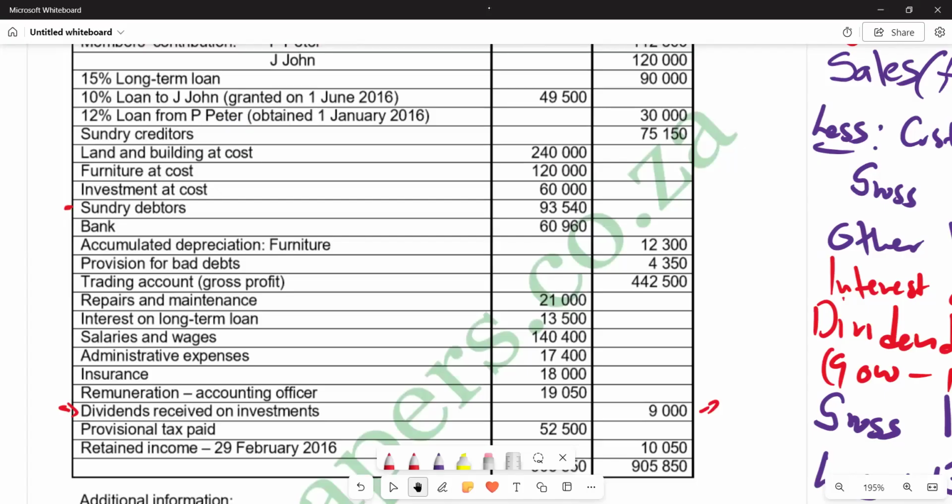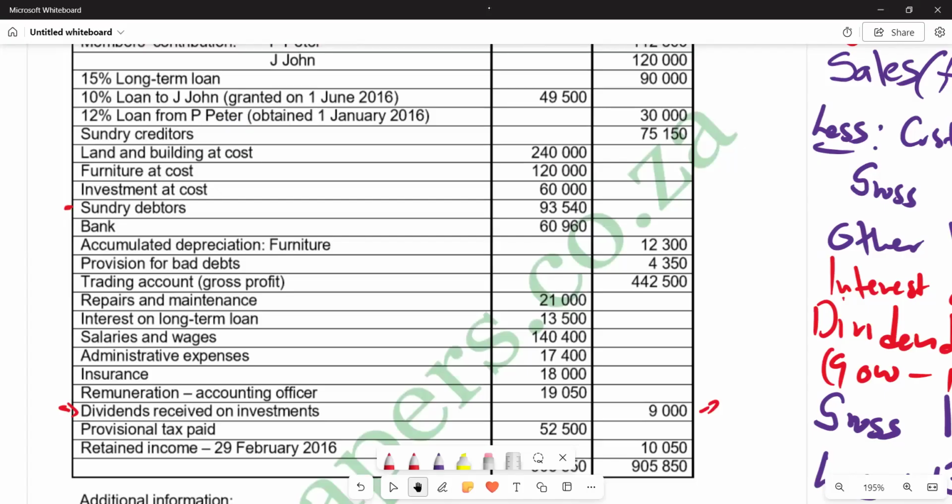So here we say salaries and wages, and in brackets to show the working, 140,400 minus 30,000. The answer is 110,400. So this is the figure that we have for salaries and wages.